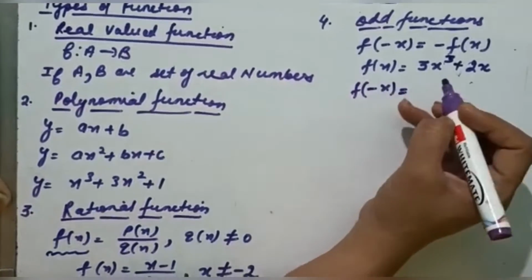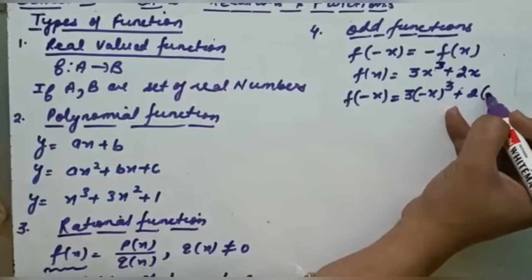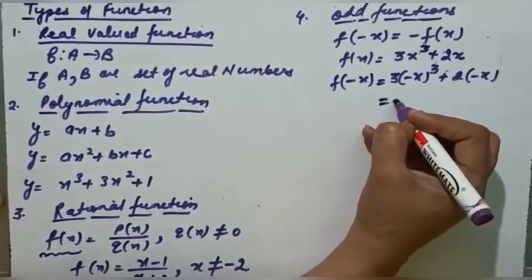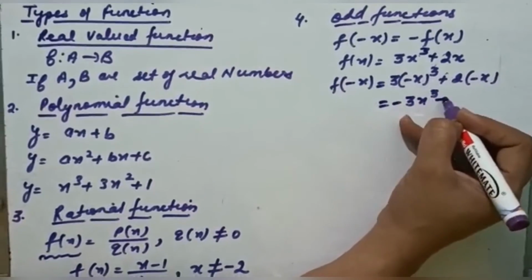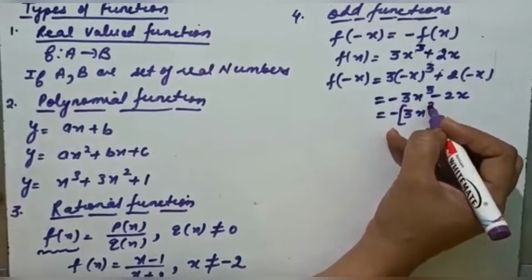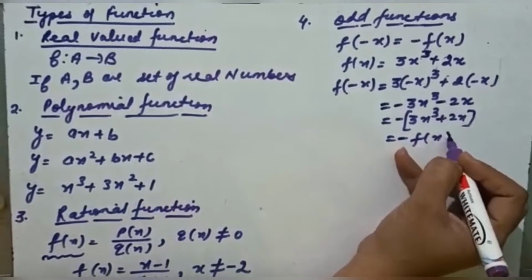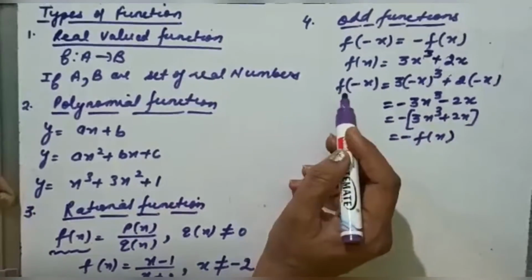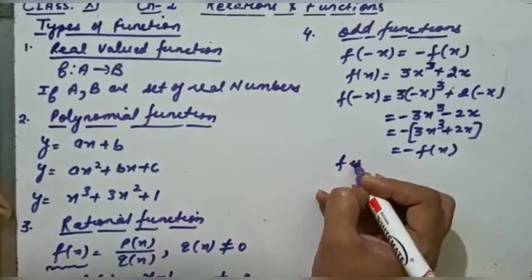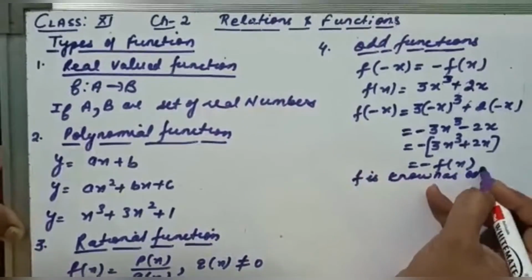F minus x means replace x by minus x in all terms. So wherever x is there, we replace x by minus x. It is minus 3x cube minus 2x. If we take negative common, it is minus of 3x cube plus 2x. This is equal to minus fx. So any function where f minus x is equal to minus fx is known as odd function. So here f is an odd function.